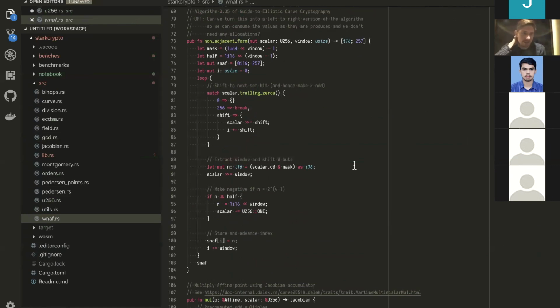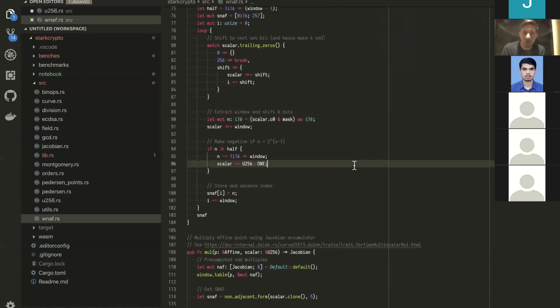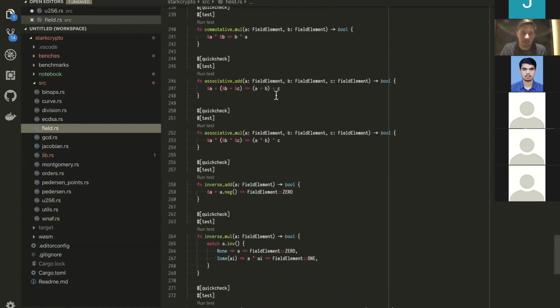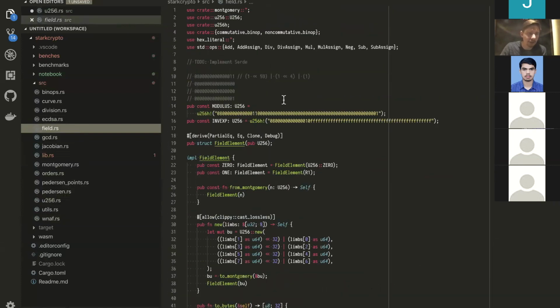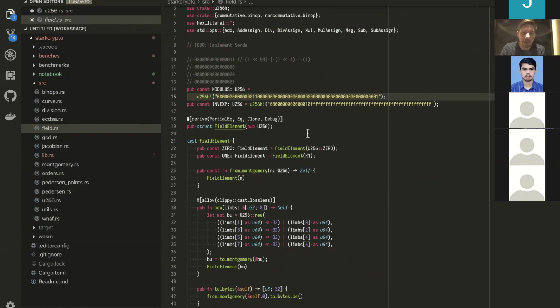So this leads to a 20-30% speedup, and it was enabled by just having this faster inversion. But yeah, that's lecture 5, before we get into WNAF.